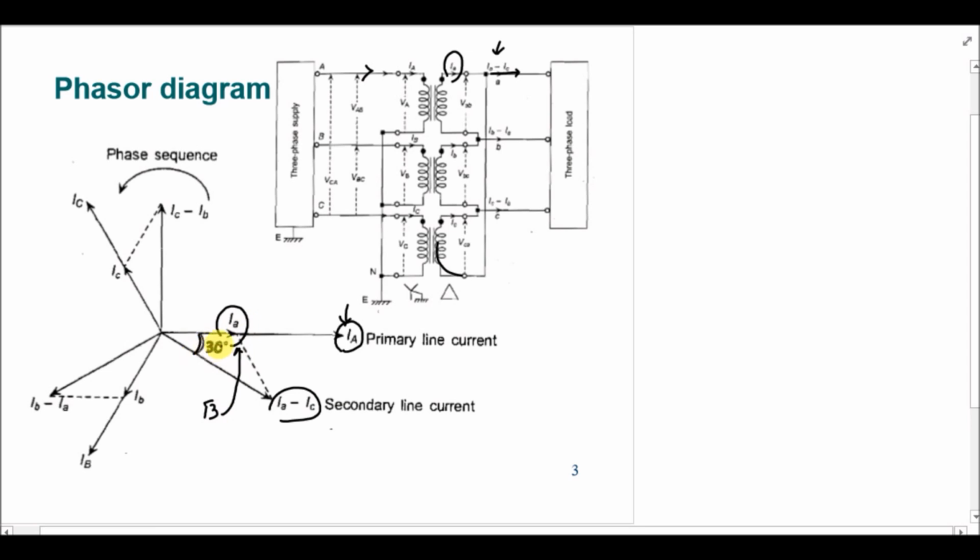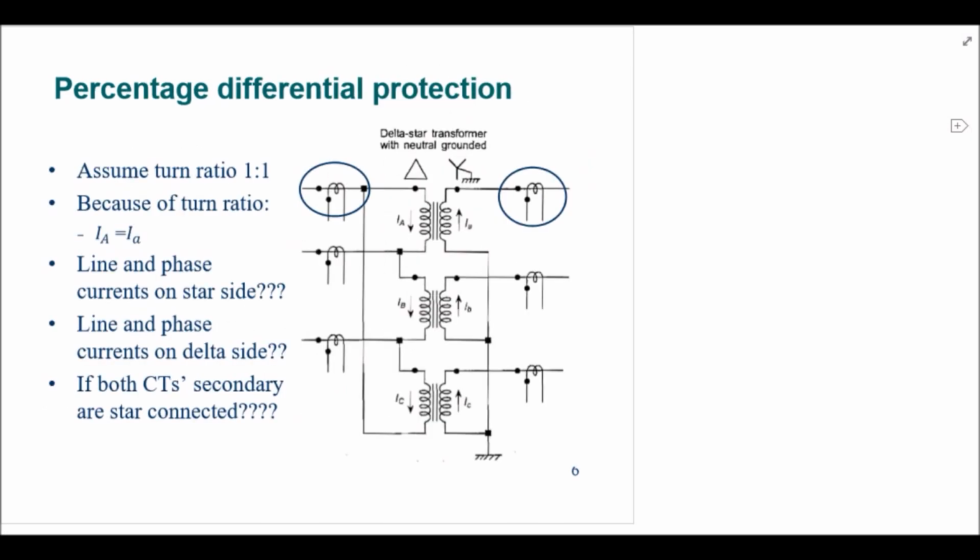So we cannot compare this current and this current. Now we have to make CT connections in such a way that these two currents can be compared in some manner. First we are going to assume a simple example in which we have CTs attached to each of the phases, and we are taking a delta-Y transformer.